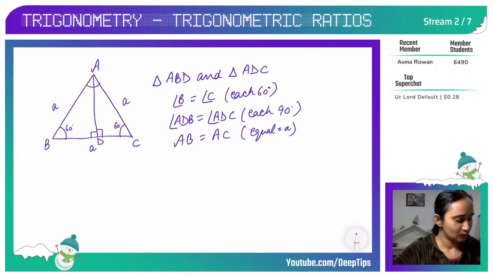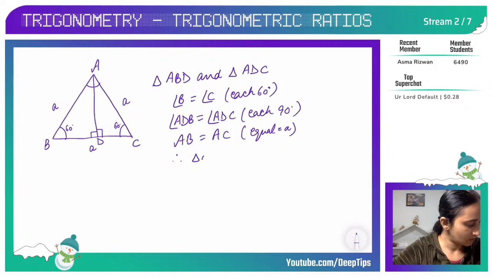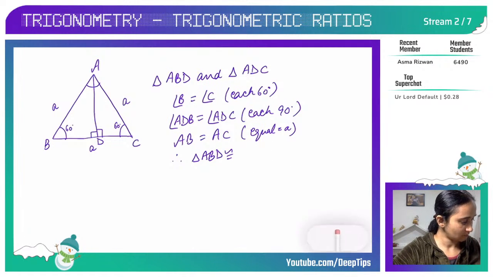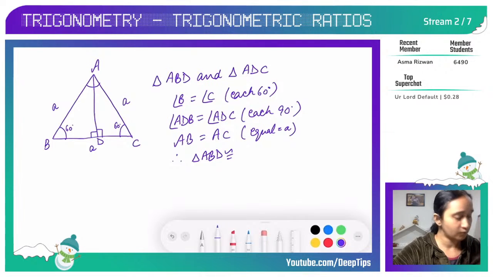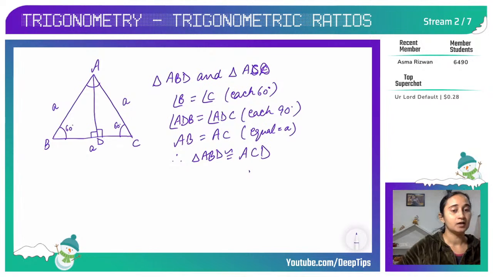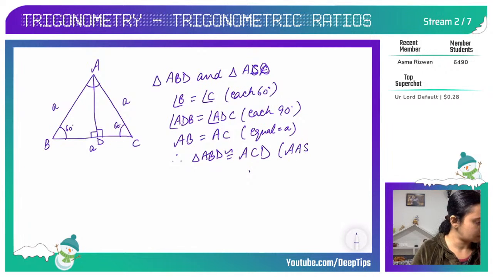Correct? So we can write here triangle ABD is congruent to triangle ACD, because naming is also very important here. When I am writing the names of the triangles in congruency, it should always be correct, ACD. Okay, so now this is my angle side congruency.